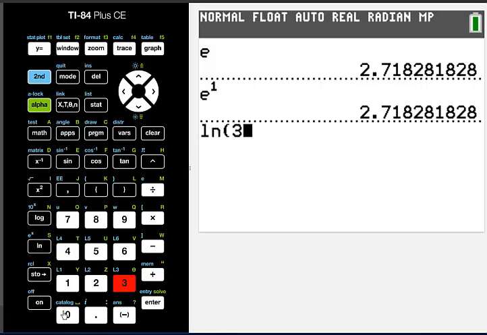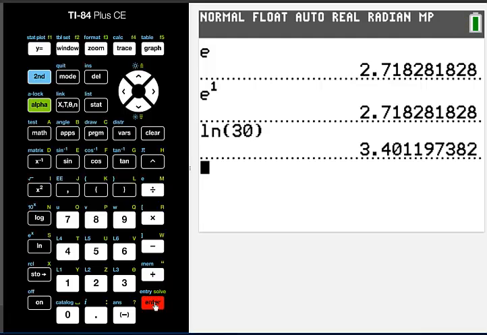Choose the button, type 30, close the parentheses, hit enter. ln of 30, the natural log of 30, is around 3.401, etc. Remember, all you've just found here is a power. What power? The power you have to stick on top of that e number in order to end up with 30.